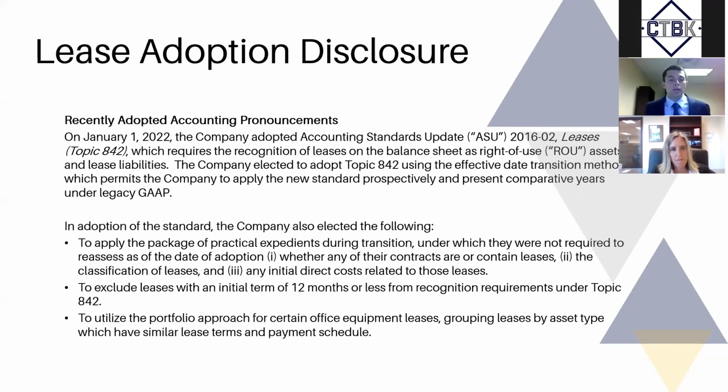In addition, the disclosures include significant judgments and assumptions made, such as excluding all leases with an initial term of 12 months or less from recognition requirements of topic 842, and grouping leases by asset type, which have similar lease terms and payment schedules.